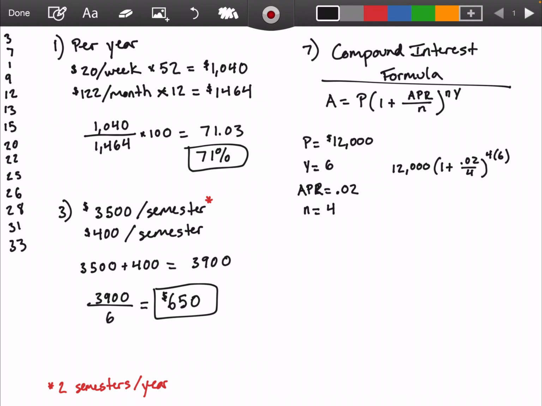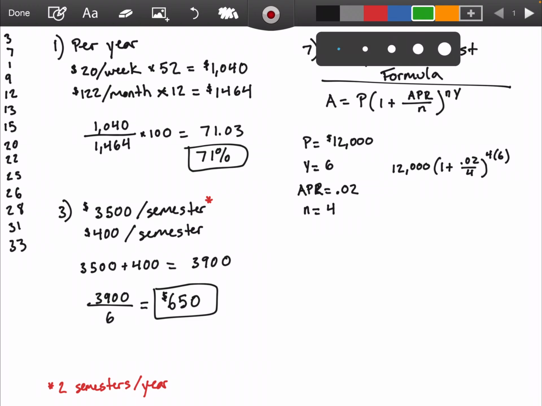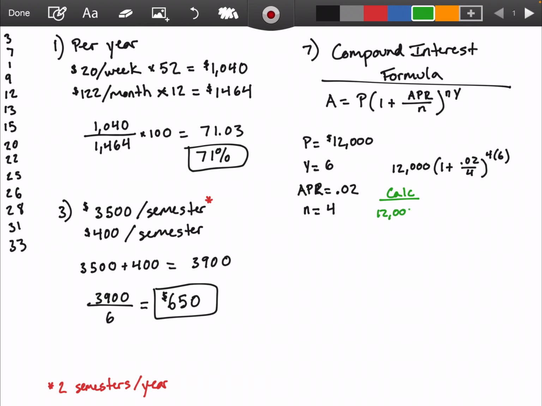Okay, when you are typing this into a calculator, I'm just going to go 12,000 and then parentheses 1 plus another parentheses 0.02 divided by 4. Close them and do the little caret exponent and then 4 times 6.